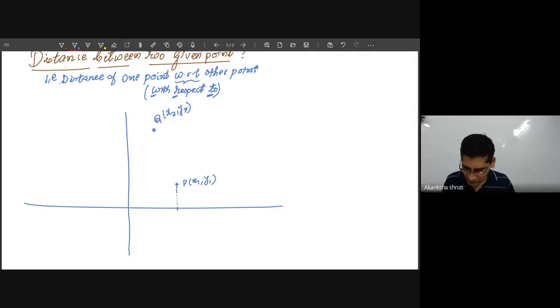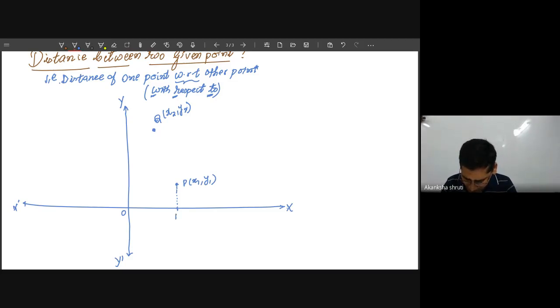Students, this is our coordinate system. Let us write a bit more information over this. It is our x-axis. This is our y-axis. This is our origin. Now draw the perpendicular from the point P(x1, y1).